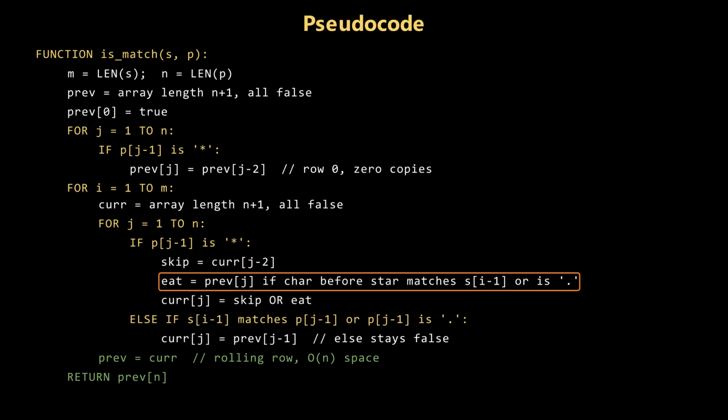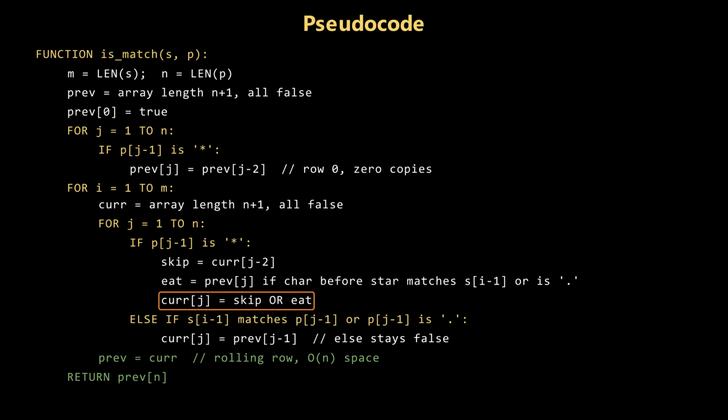Eat reuses previous J when the letter before star matches the text char or is dot. Current J is skip or eat. Else if the text and pattern characters match, or the pattern is dot, set current J from previous J minus 1, otherwise it remains false. Copy current into previous for the next text row. Return previous at N, the full match answer.